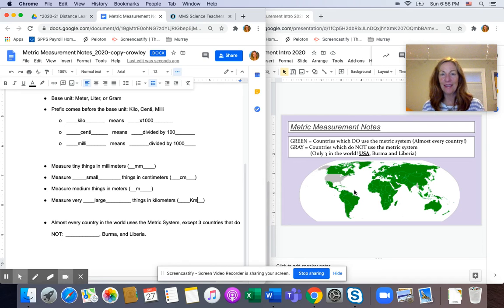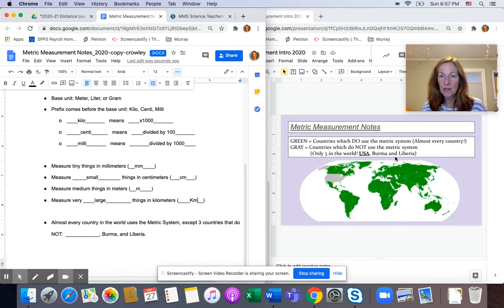So now the reason why we are doing this is if you look at the map of the world, everything in green uses the metric system. So I know some of you have traveled to other places, and if you go to other places and you're driving down the street, all their signs will be in kilometers, right? When you go to a website to see the temperature, it's going to be in Celsius. So it might sound really cold because it might be 20 degrees Celsius, because we're not used to it.